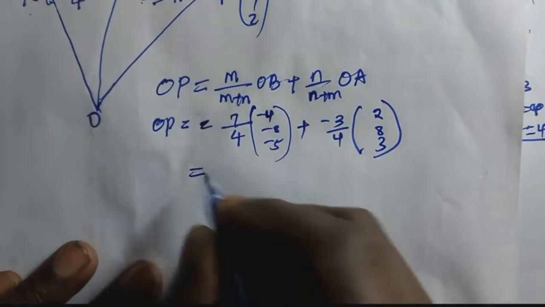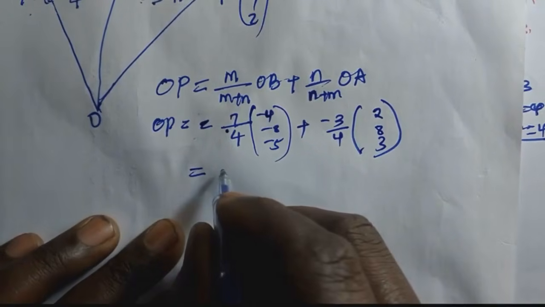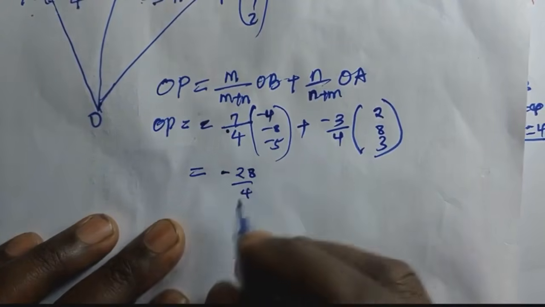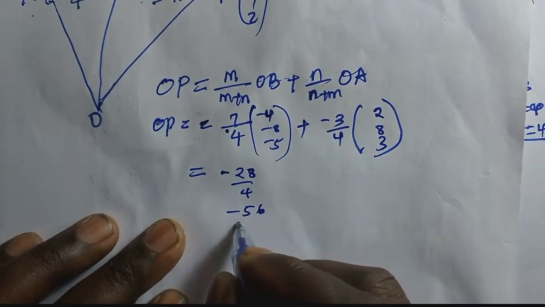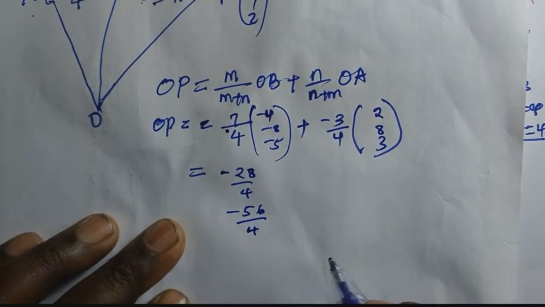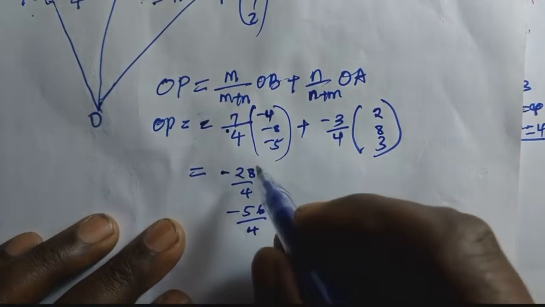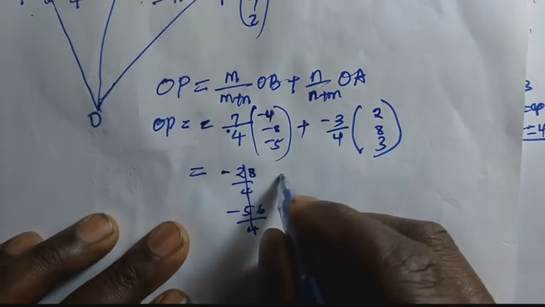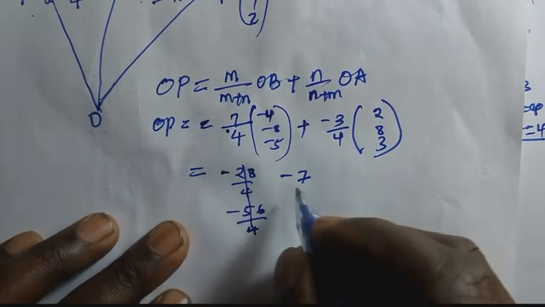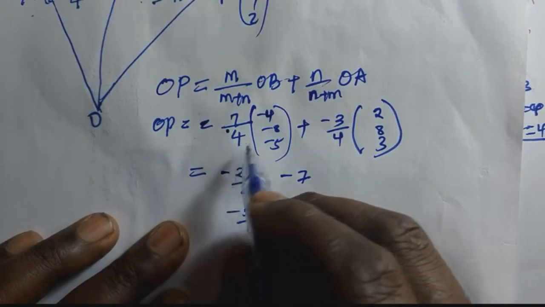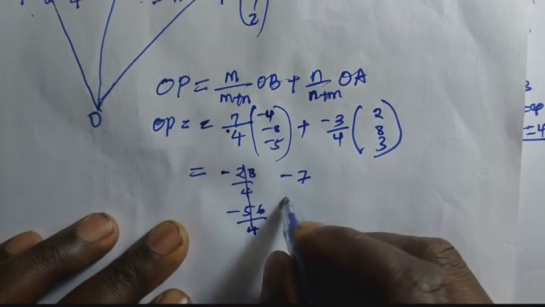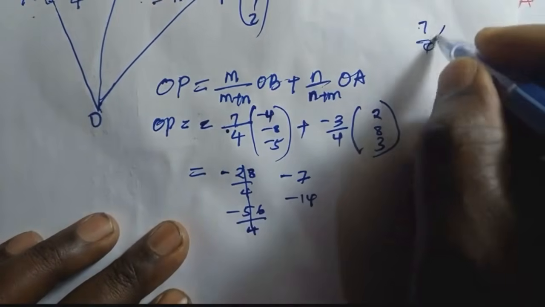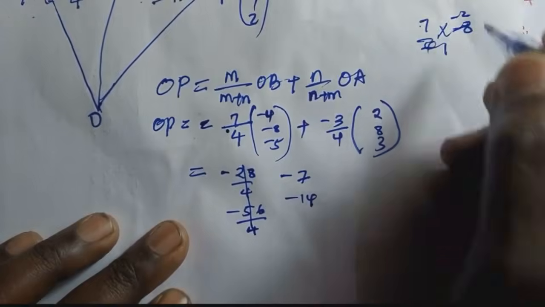So this one is the same as this times that, you will get negative 28 over 4. This times this is negative 56 over 4. Actually this cancels out, so 4 will cancel out, so we'll have negative 7. 7 over 4 times negative 8, we will have negative 14.